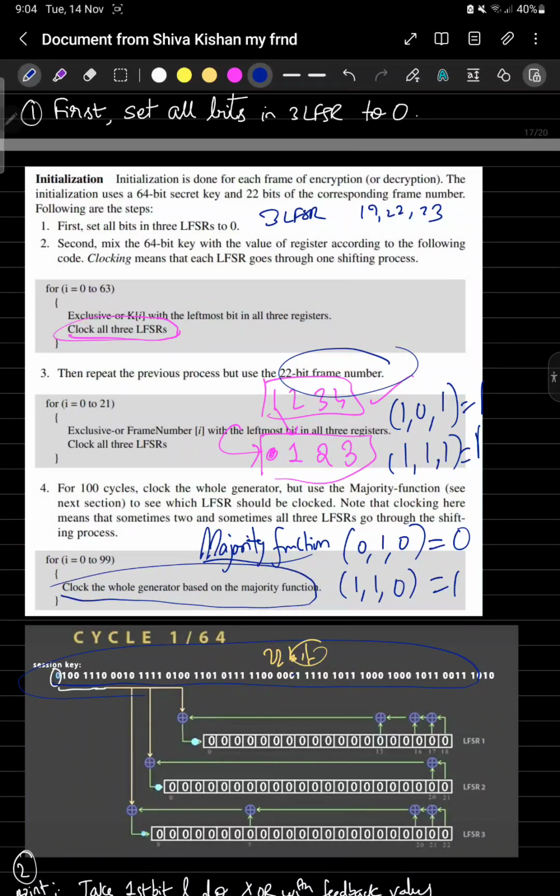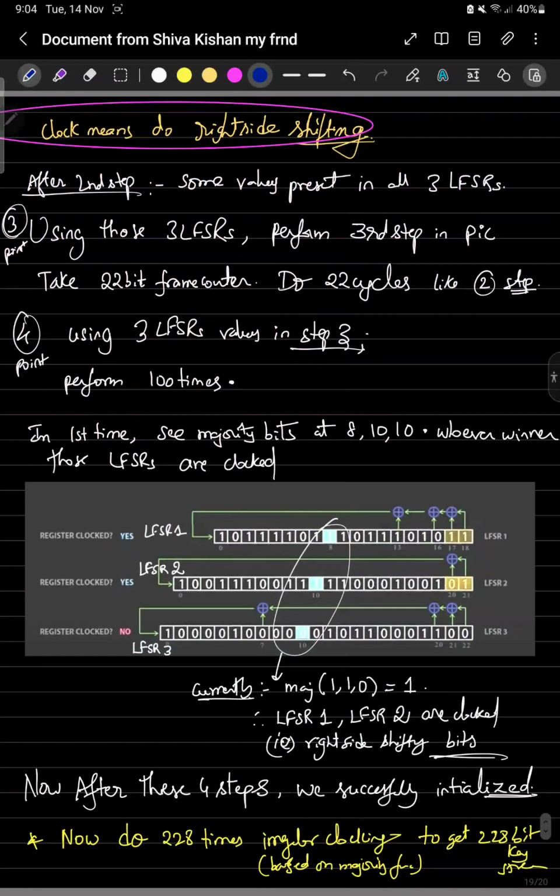Finally, clock based on the majority function. Let's say these are the majority bits you need to look into. Which one will you clock? This is 1, this is 1, this is 0.